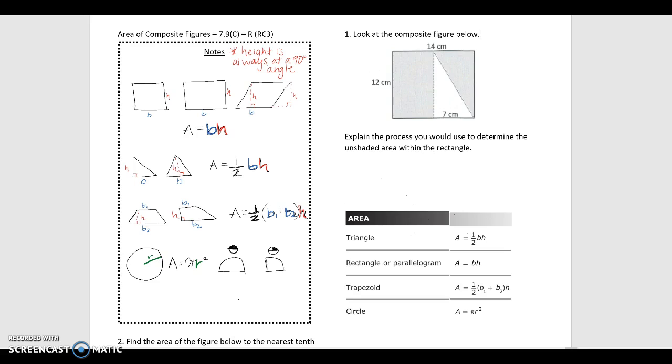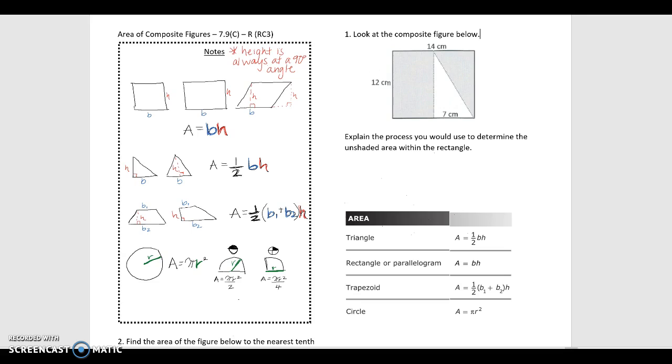Okay, so with that, you want to think about this semicircle is the formula for the area of a circle, pi r squared, but we're cutting it in half, right? And over here, it's a quarter circle. So it's pi r squared divided by 4. We're cutting it into 4 pieces, okay? And again, for each of these, you're going to be using your radius. So the radius is from the center of the circle to the edge of the circle, okay? So that's the formula for the area of a circle.